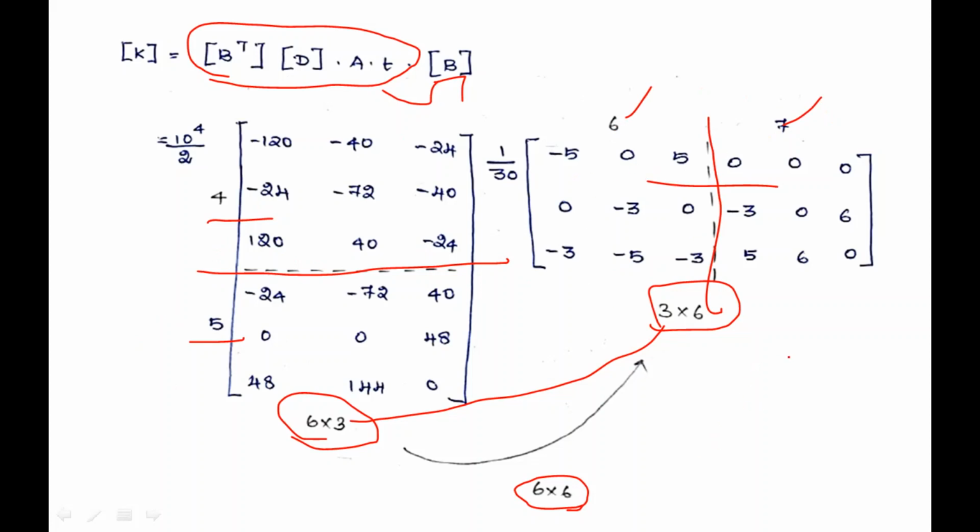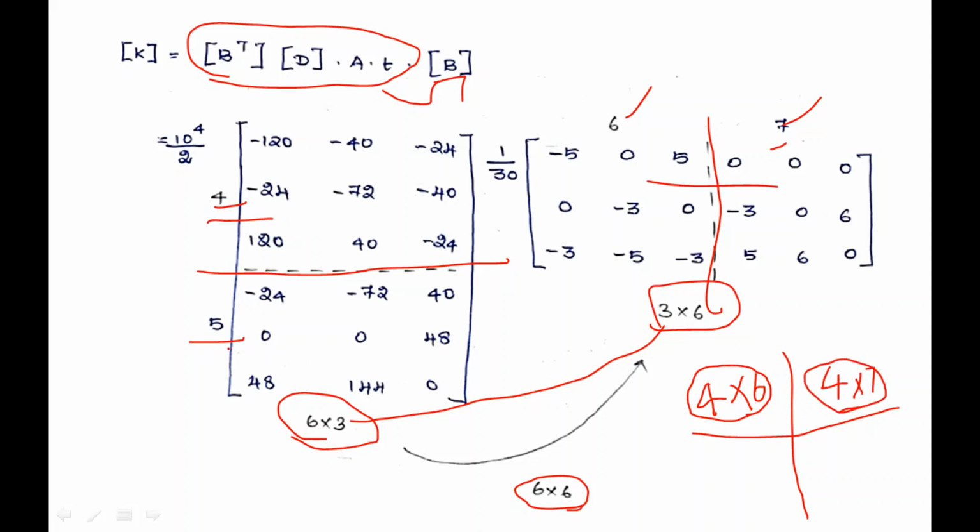Now in the 6 by 6 matrix, the first 6 by 6 matrix is nothing but 4 3 by 3 matrices. So for the first 3 by 3 matrix, when you multiply matrix 4 and 6, we will get this element. When you multiply matrix 4 and matrix 7, we will get the elements of this 3 by 3 matrix.